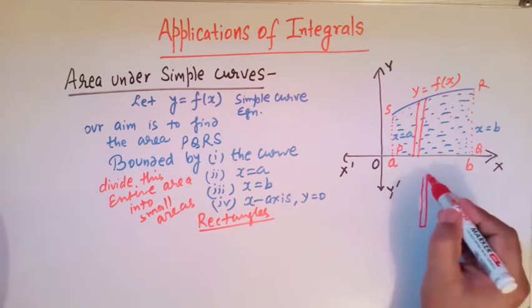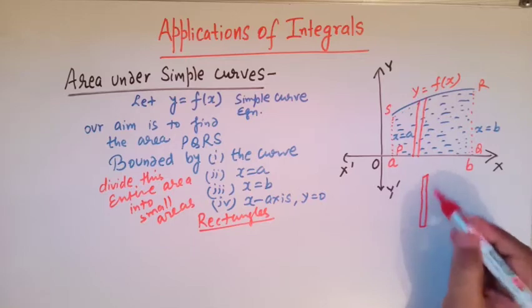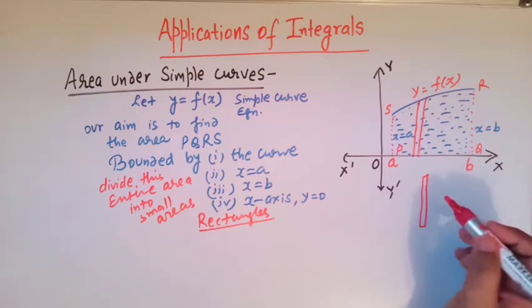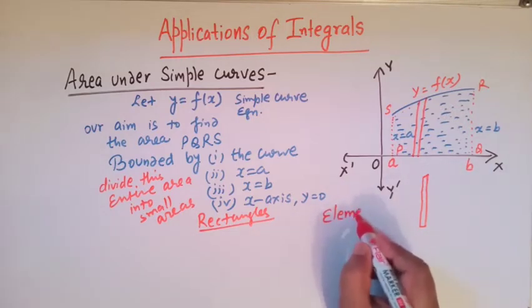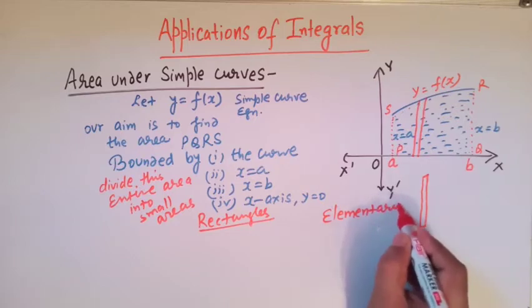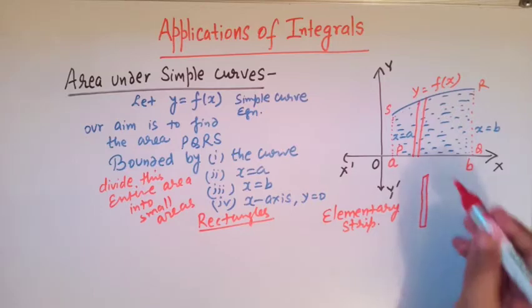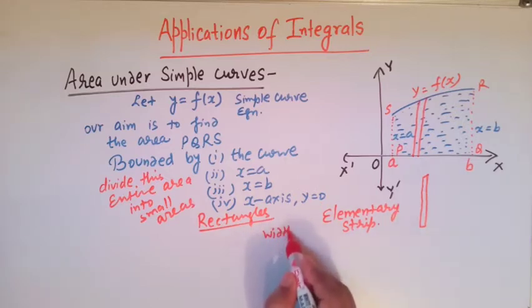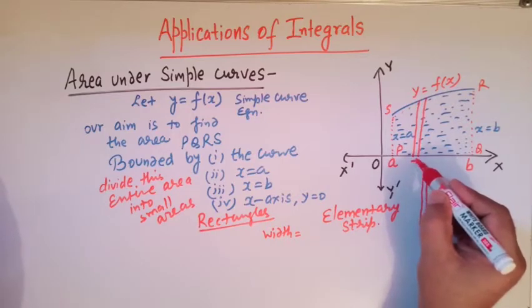Okay, so this is the small rectangular area, and this is known as an elementary strip. Now see the width of this rectangle, the width of this rectangle is this length.